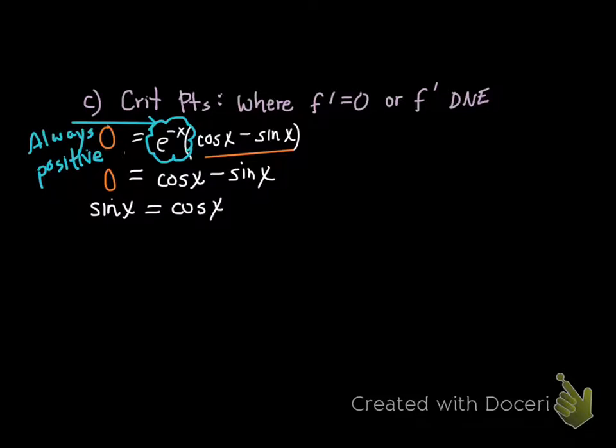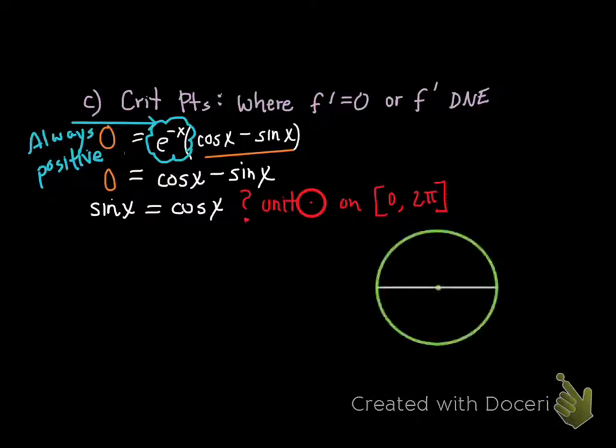And I really have to know, what radian measure is it where the sine of x is equal to the cosine of x? If you're thinking unit circle, you and I are on the same page. So I've got to use the unit circle on the closed interval from 0 to 2 pi to figure out when sine and cosine have exactly the same output.